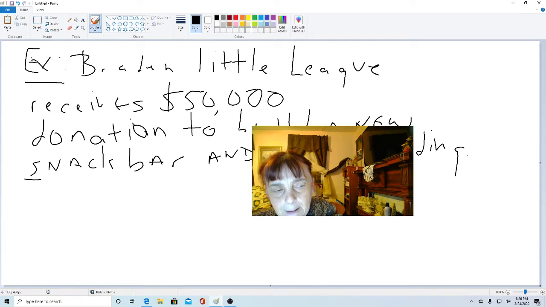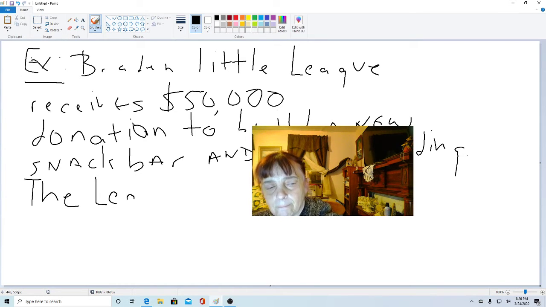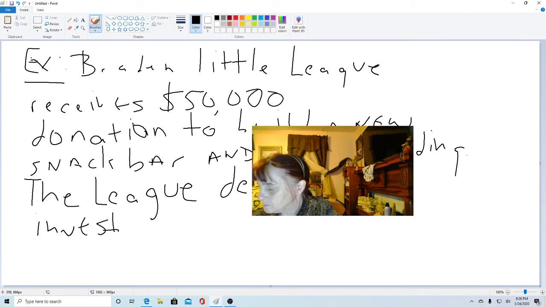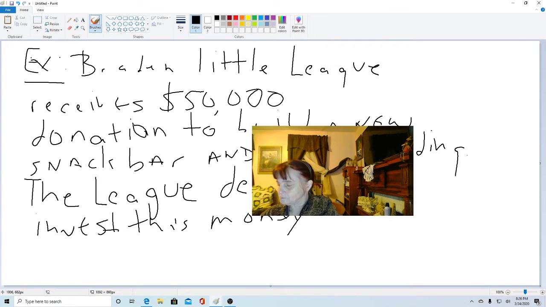Now, the league decides to invest this money in a money market account.